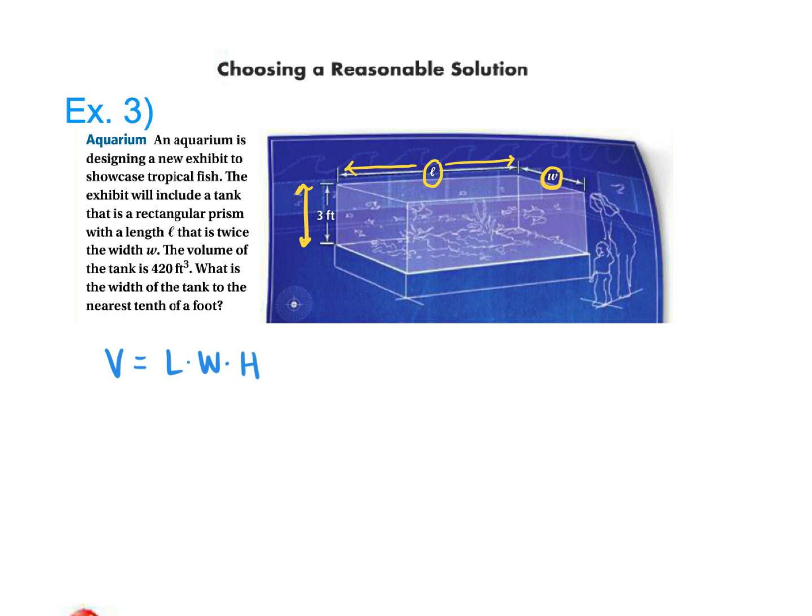Now we're getting a couple clues from the question, and it's helpful, I always feel like, to label on the side what we know from the picture and what we know from the question. All right, so what we know from the picture is that the height is 3.